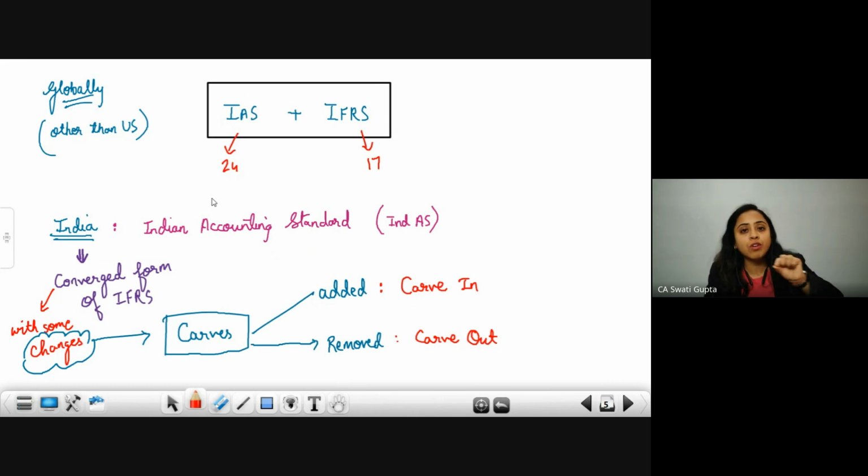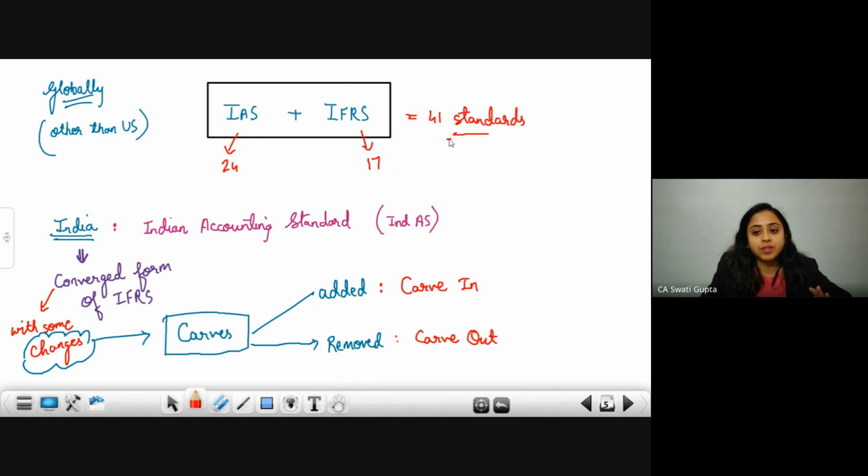Some of these standards are eliminated because they have been replaced by a new series of standards, that is IFRS. Since IFRS is a new set of standards, the entire series is in right sequence. So there are a total of 41 standards.